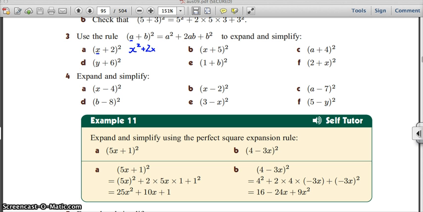And our first one is x. There's a times in there, isn't there? Times our b, and our b is positive 2. Remember, the sign goes with a number. And then we're going to be adding the square of our last number, which is our 2.